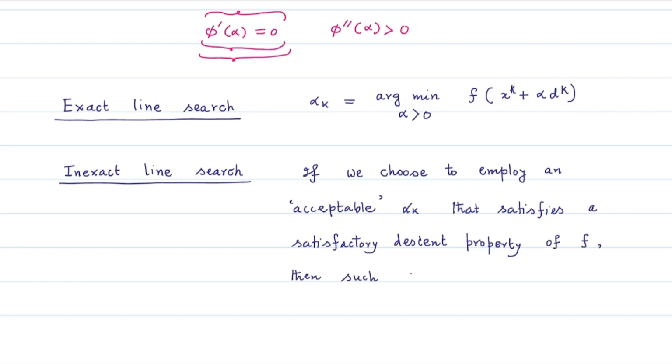Such a line search is called an approximate or acceptable or an inexact line search.